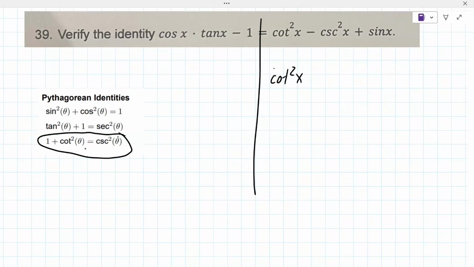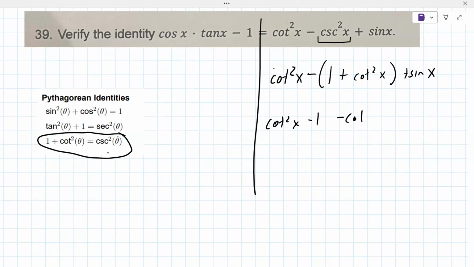So this becomes minus (1 plus cotangent squared), like that. Is that okay? Plus sine x. So that becomes cotangent squared x minus 1 minus cotangent squared x plus sine x.